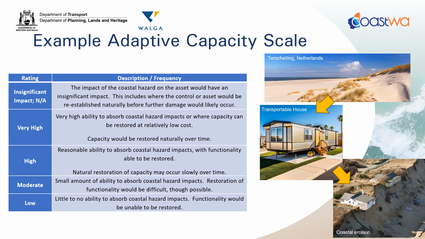So you go through and you can work through this scale to assess where those different assets would fit based on their ability to respond naturally or through restorative measures to any kind of coastal erosion or coastal inundation.